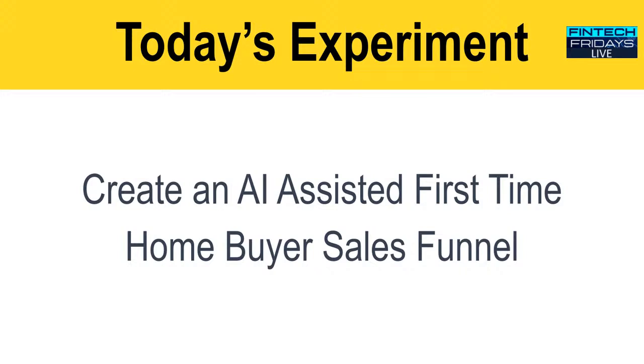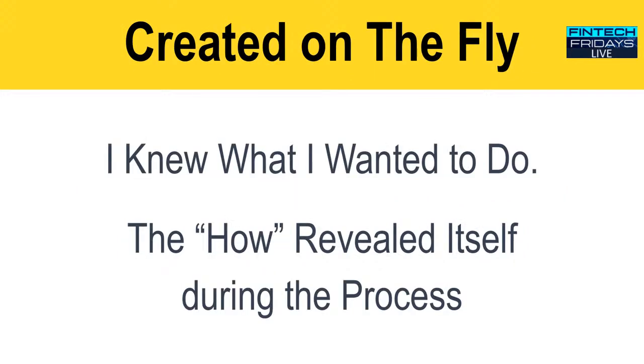Hopefully some of them are ready to buy right now, but I want to build a list of future first-time home buyers so that when the market rates come down, and they don't have to come down, they just have to stop moving, and if they settle down, and we know they're going to start gradually coming down at some point in the future, we want to be able to engage that database and start getting them into homes and getting them pre-approved. So we're talking about getting ahead of the game on this.